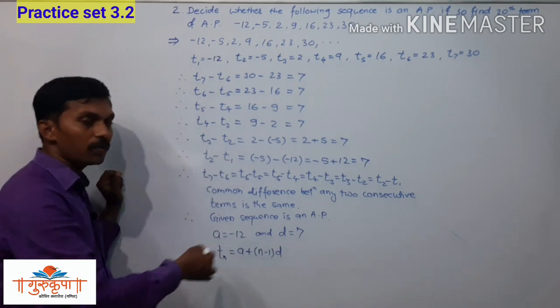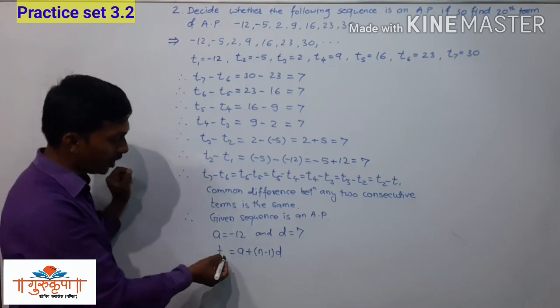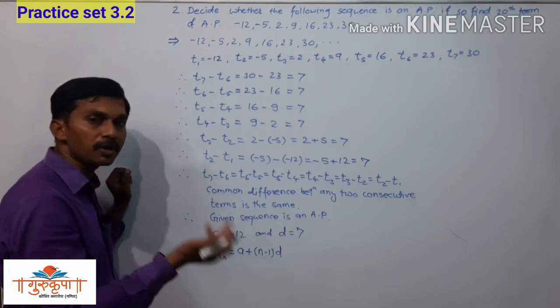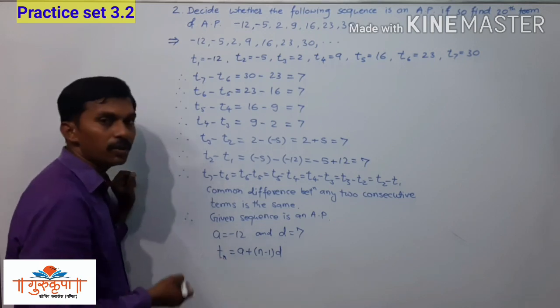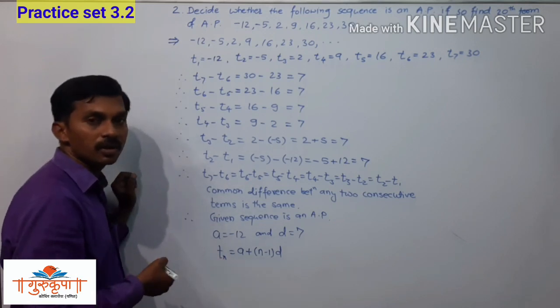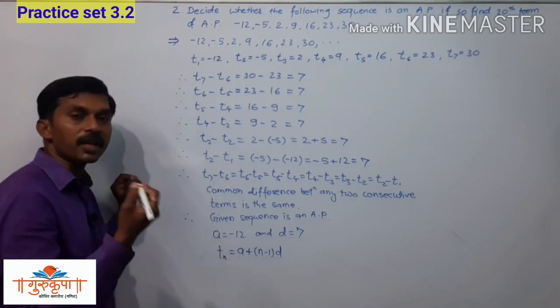This is the formula for finding the general term, that is the nth term of an AP. If we write 5 in place of n, you will get the 5th term. If we write 35 in place of n, you will get the 35th term. If we write 52 in place of n, you will get the 52nd term.